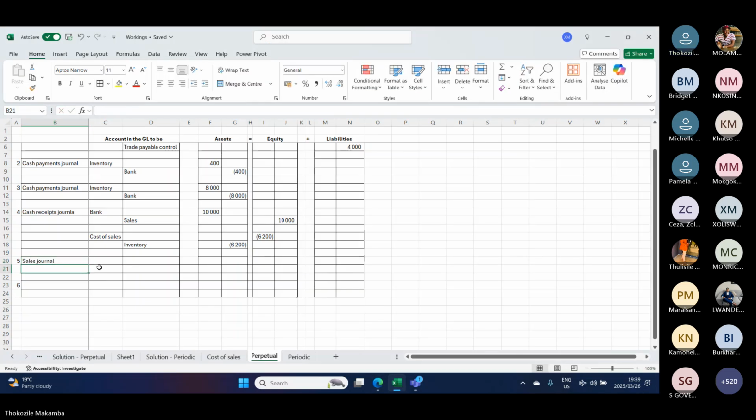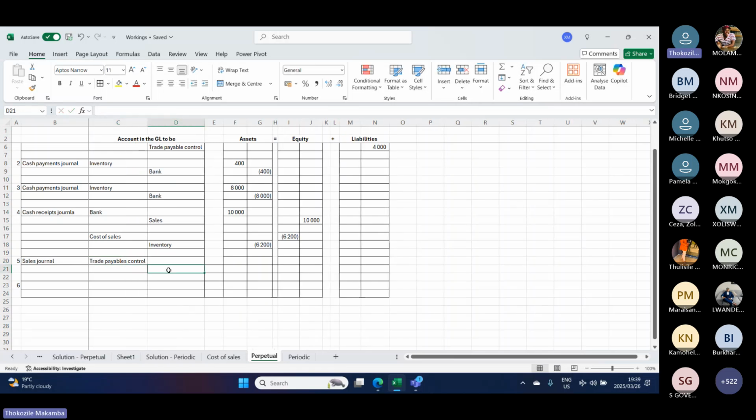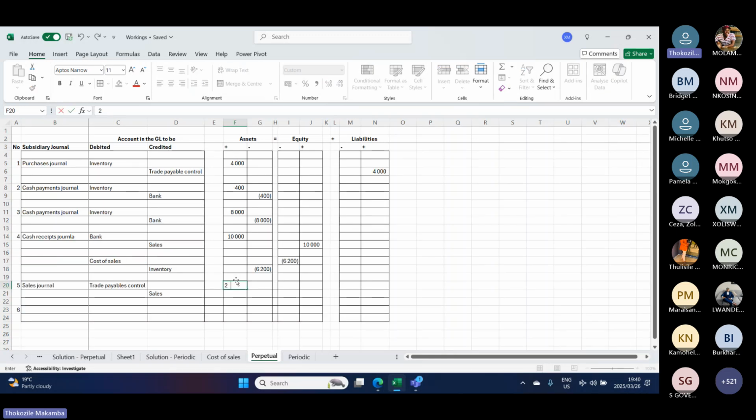And because we're selling on credit, we know that we have to debit trade payables control, right? And of course, we're selling inventory, so therefore we have to credit sales. And that is for an amount. Trade payable control is increasing by 2,100, an asset increasing by 2,100. Sales is income, which increases your equity by the same amount, 2,100.